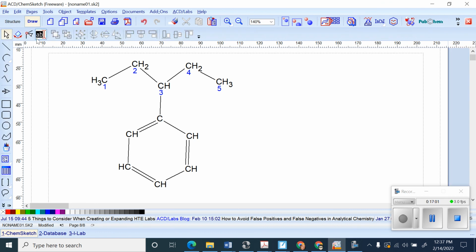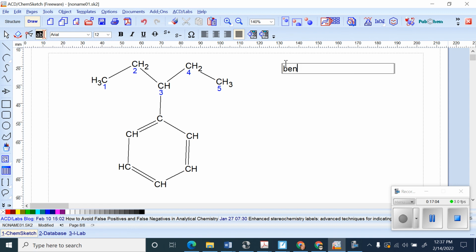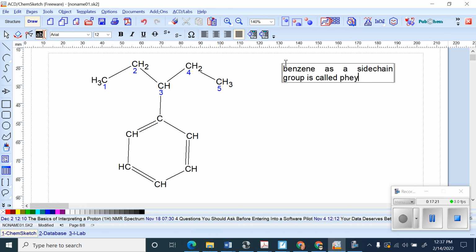Let me just write that down. So benzene as a side chain is phenyl, which is different than fennel, F-E-N-N-E-L.